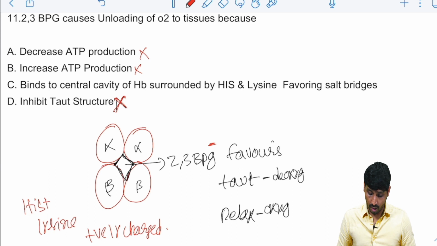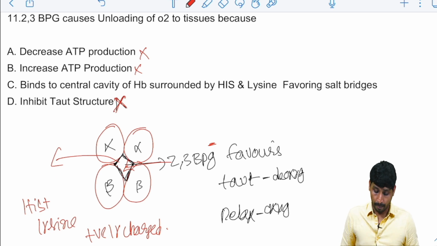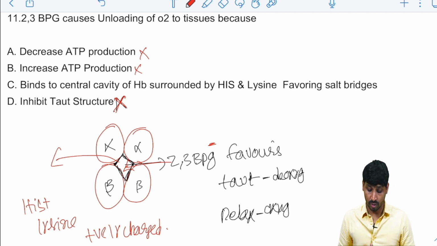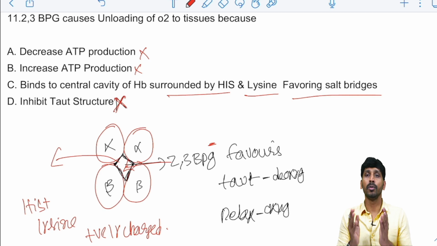That's why oxygen will go out and 2,3-BPG will come in to form salt bridges. So the third option is correct: 2,3-BPG binds to the central cavity of hemoglobin surrounded by histidine and lysine, favoring salt bridges.